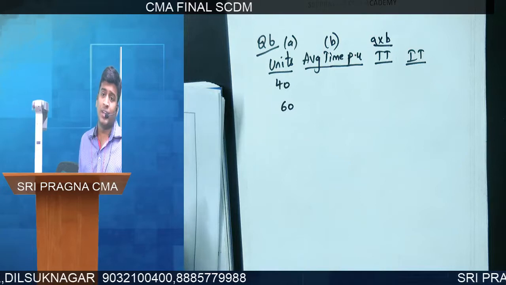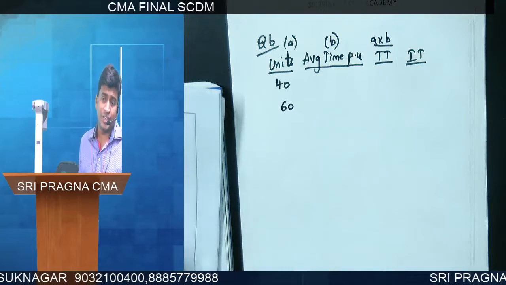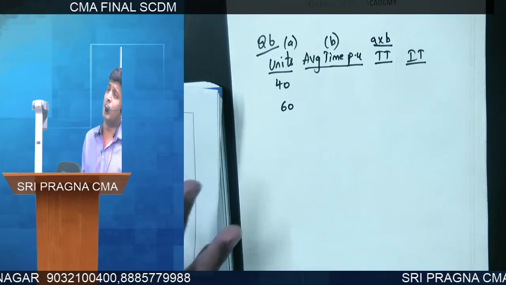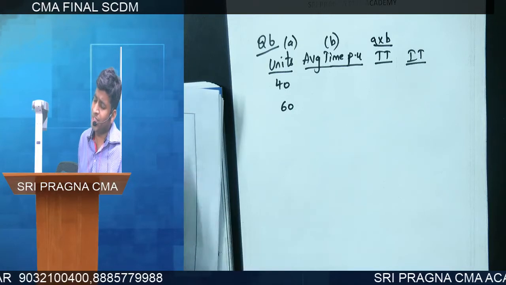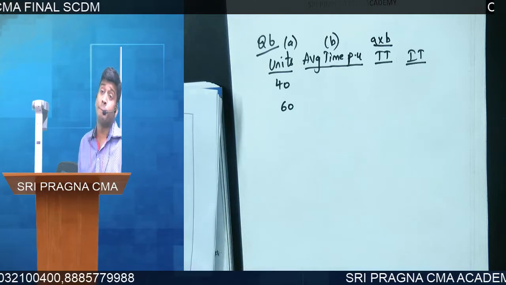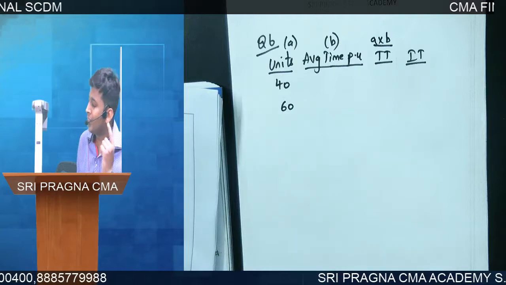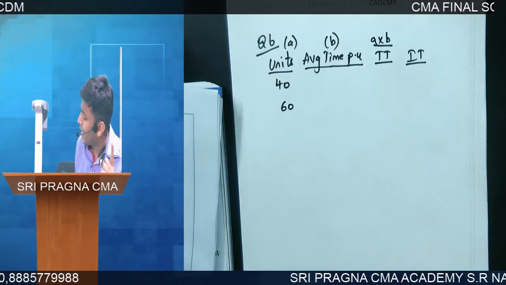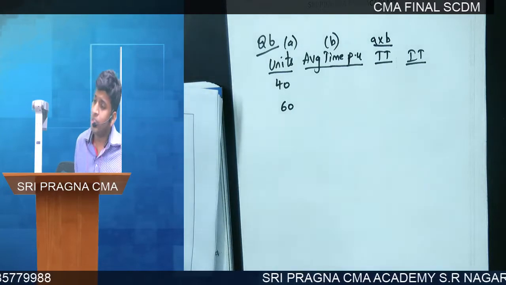I will calculate total time for 40 units and total time for 60 units. The difference will give me time from 41 to 60.